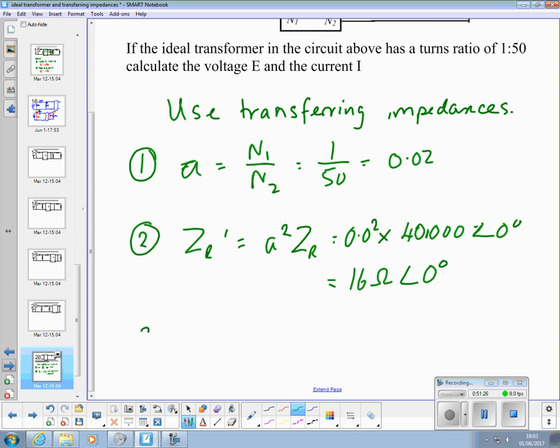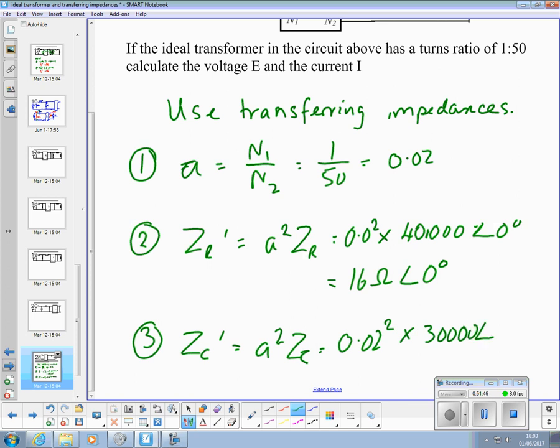Now the capacitor. ZC dash is I squared ZC. That's 0.02 squared times 30,000, and then the angle. Angle for a capacitor, minus 90 or plus 90?